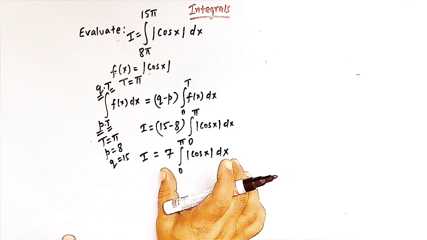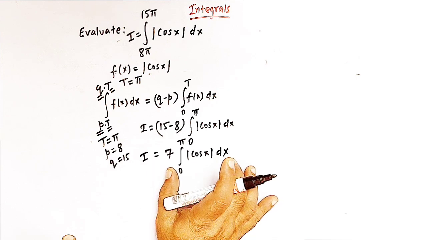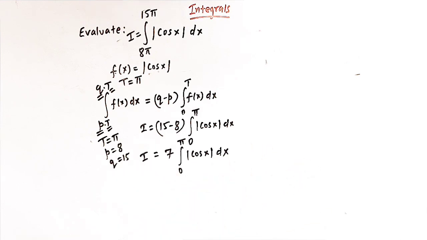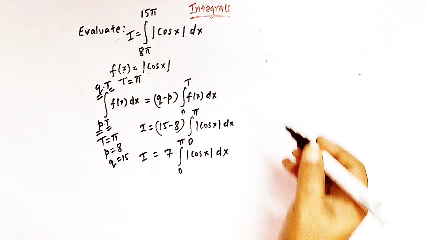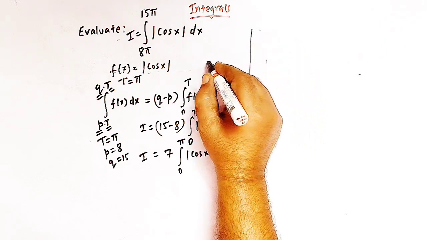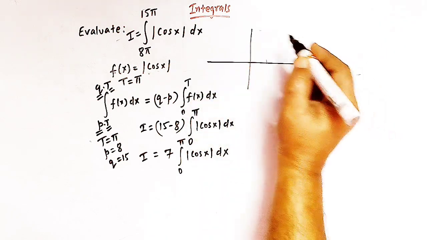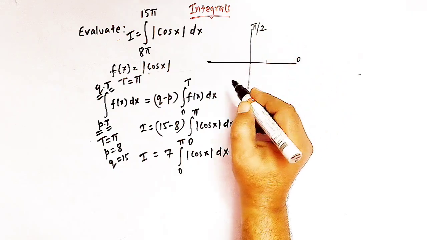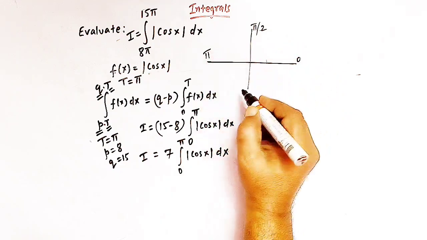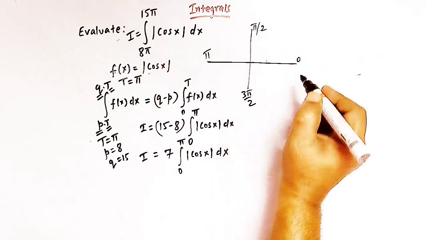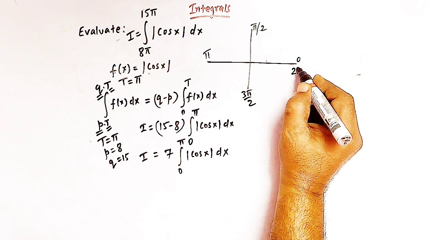Now to evaluate this integral, we have to make use of the concept of sign convention of trigonometric functions in four quadrants, and here the trigonometric function is cosine x. See, if we have the four quadrants, here we have 0, here we have pi by 2, then pi, this is 3 pi by 2, and here we have 2 pi.